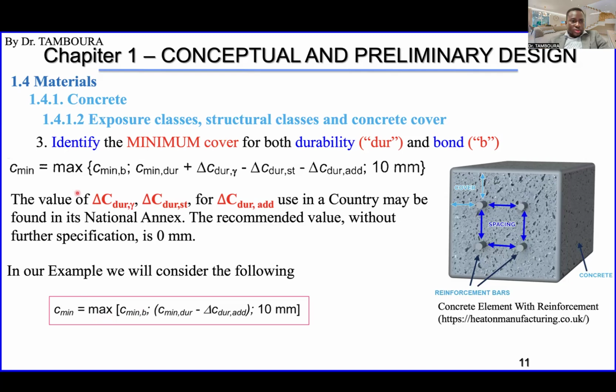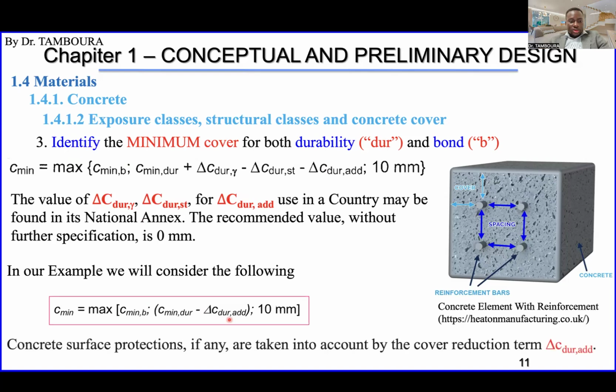Okay, so it will be, this one is still here, we cannot ignore this, and this one also is here, and this one we ignored it, this one also was ignored, but we kept this one. And if you remember, this one is because of additional protection on the concrete. This is what we said. So this equation reduced to this one easily.